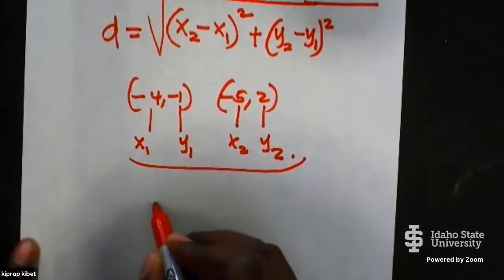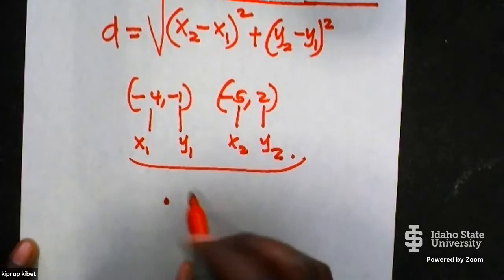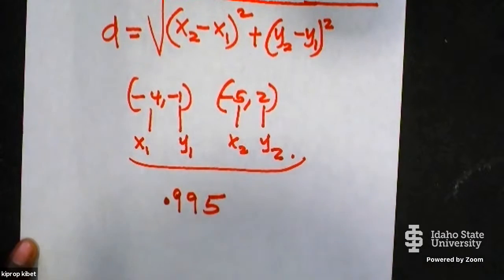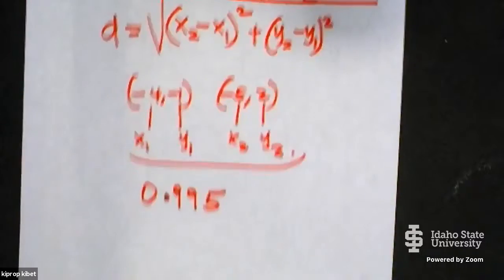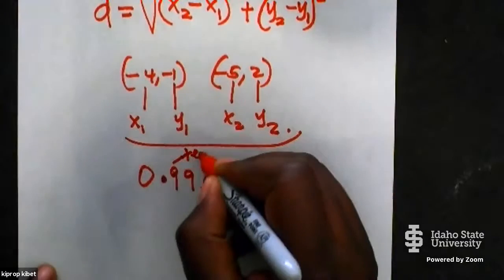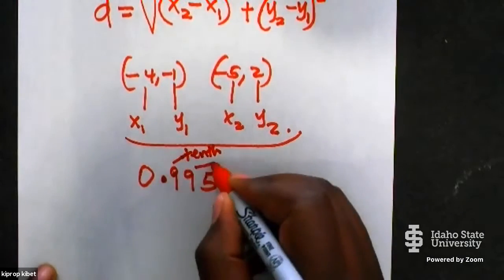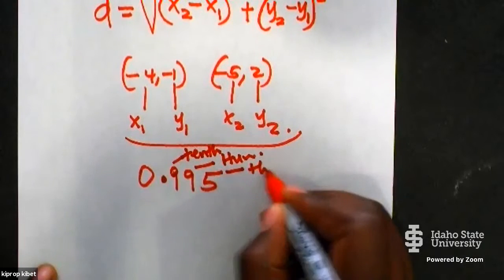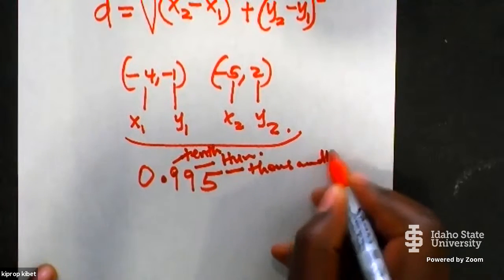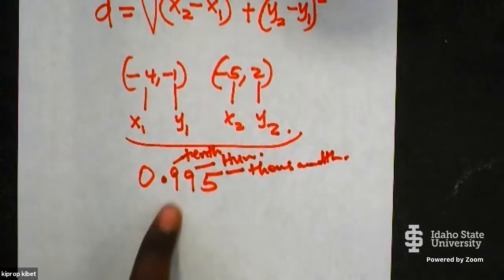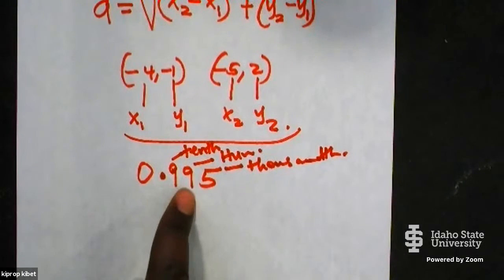So if this is the point here, and let's say this is 0.995, we know that this one is tens, this one is hundreds, and this one is thousands. So to the nearest tens, this is 10. We look at the next digit there.